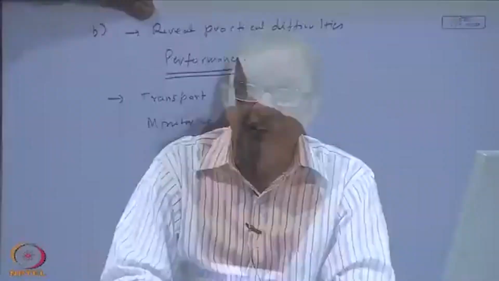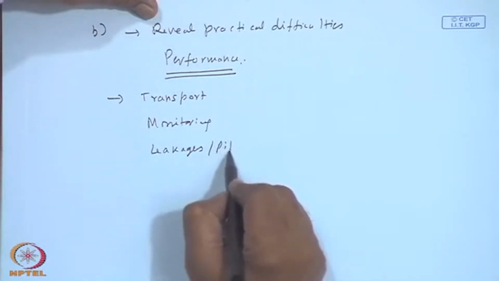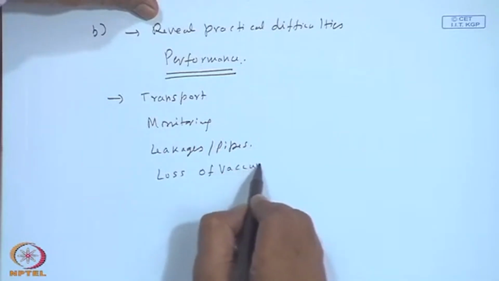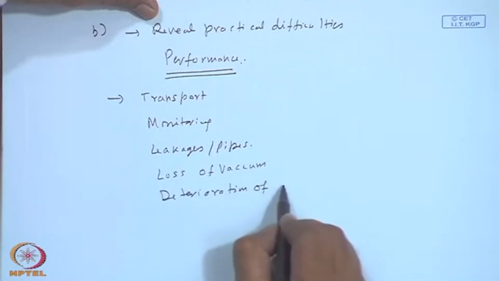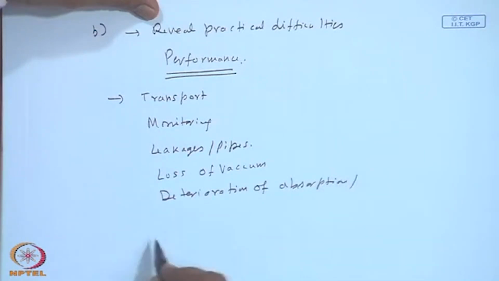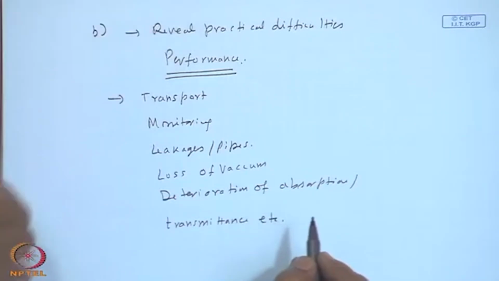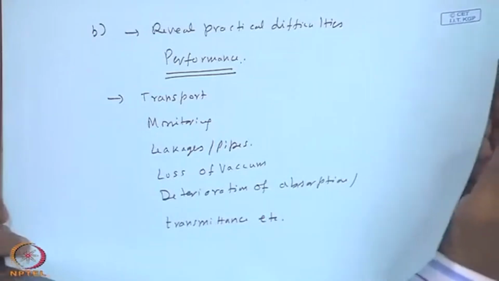So, this performance, what I mean is, are there leaks in the collector or the pipes, or if it is evacuated, loss of vacuum, and deterioration of absorption or transmittance, etc. For example, if you have got a black painted surface with tube and fin type of absorbers, which we have discussed in detail, it may so happen over a period of 6 months or 8 months, the black paint may peel off or may not have the same absorption that we had at the beginning.